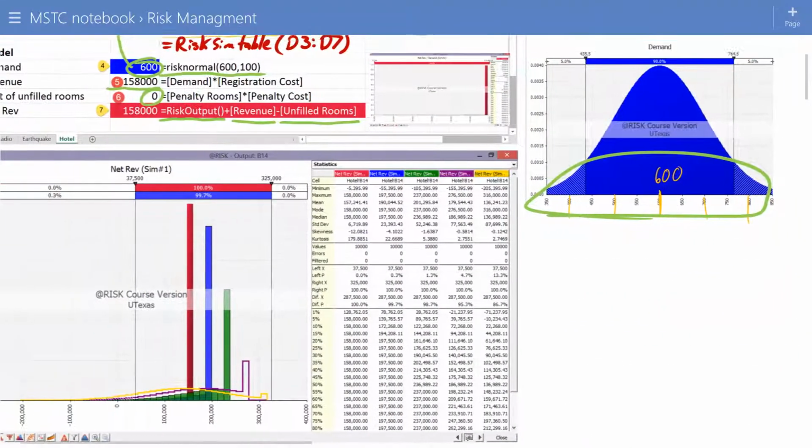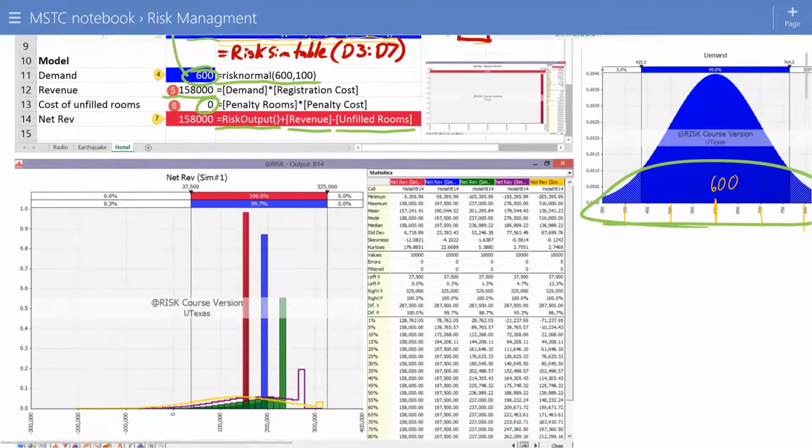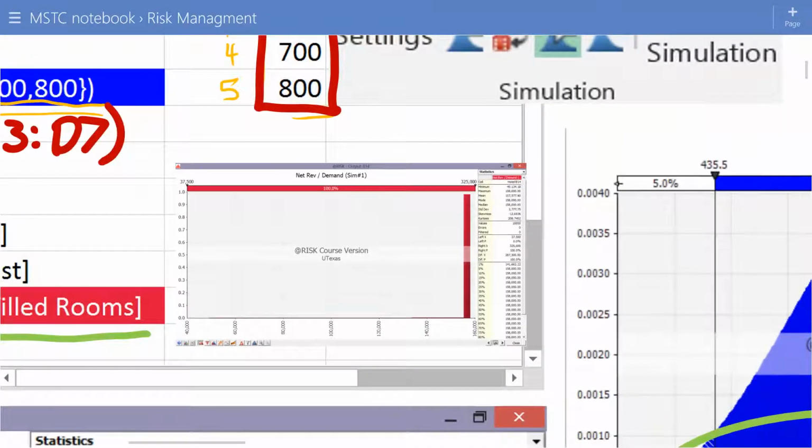The next portion is running the simulation. When you run the simulation, you'll get this kind of graph right here, and this is actually a probability distribution. You look at this little button down here, and you want to go with relative frequency, and that will give this function right here.